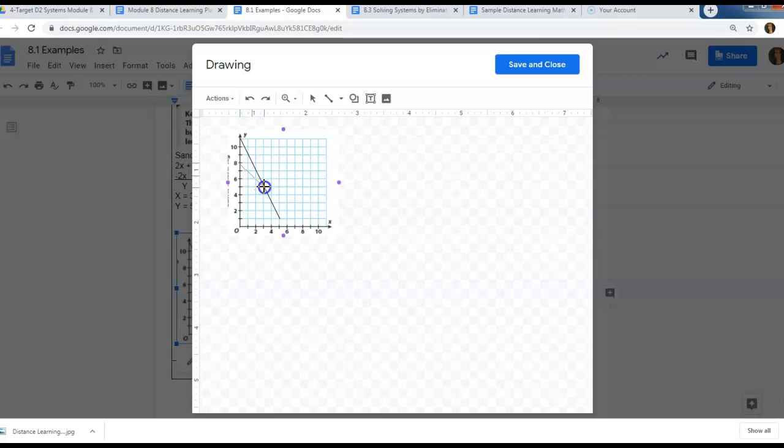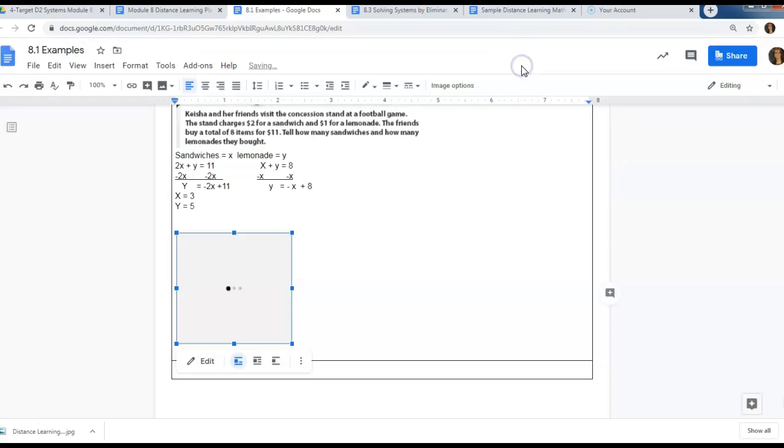Ooh, this is where they're going to intersect. They're going to intersect at 3, 5. So down 1 to the right 1, and so on, until it gets right there. My graphing is not the best, but once again, it was 3 and 5. That's the solution, and notice I already had 3 and 5.